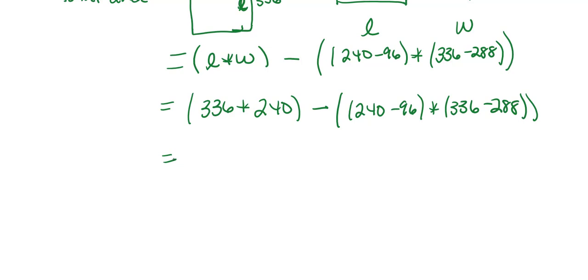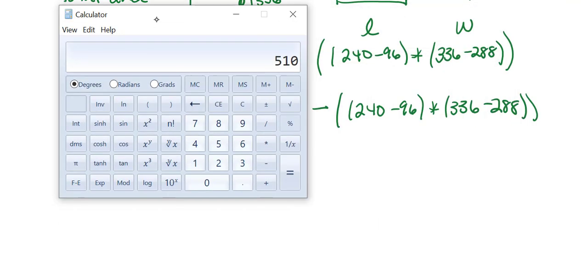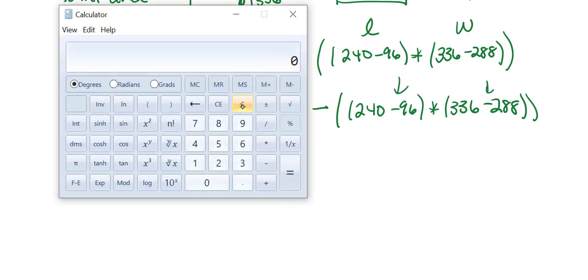So let's go ahead and get the calculators out. And we're going to work inside these smaller parentheses first. So we'll do those first. So let's go ahead and go 240 minus 96.